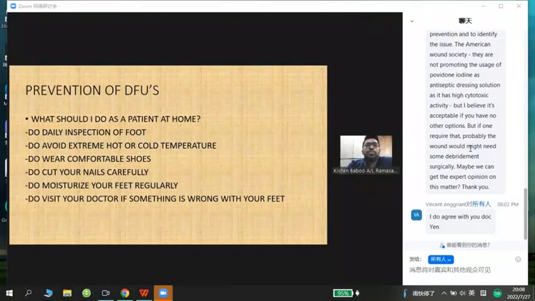Avoid extreme hot or cold water temperature. Wear comfortable shoes. Cut your nails regularly. Moisturize your feet regularly. As you know, in diabetes, patients usually have very dry and flaky skin, so it's important to tell them to regularly moisturize their feet.